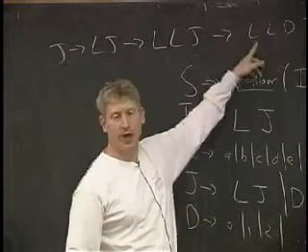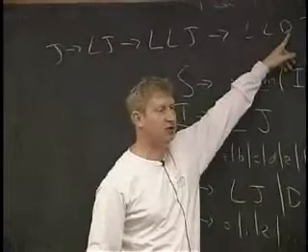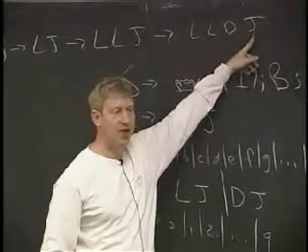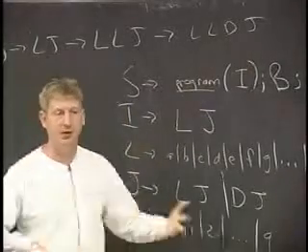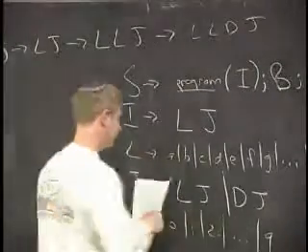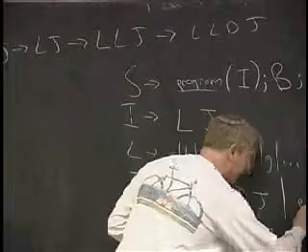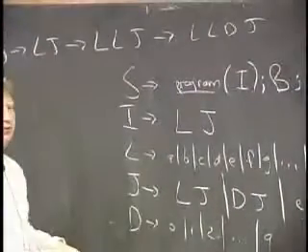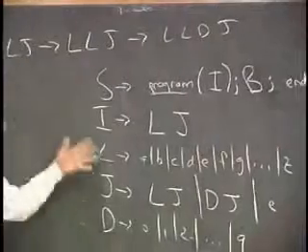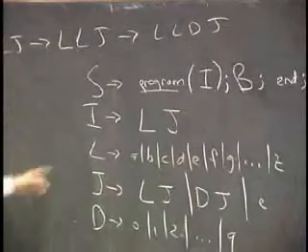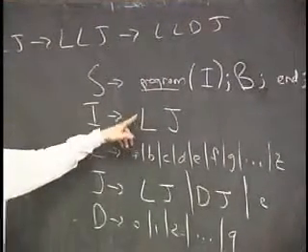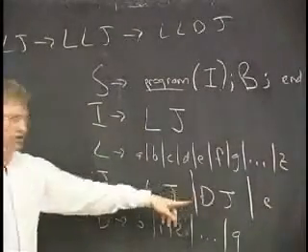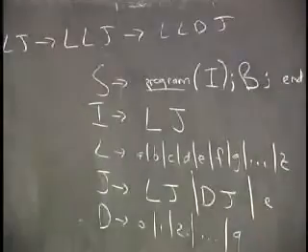I can turn the L into an A, this L into a C, this digit into a 3. So I can get AC3. But how do I get rid of that J? You want the J to be able to disappear. That means the empty string. J can disappear. It can turn into nothing. So here is a grammar which generates identifiers. Identifiers are things that start with letters and continue with either letters or digits, and then they can eventually disappear.